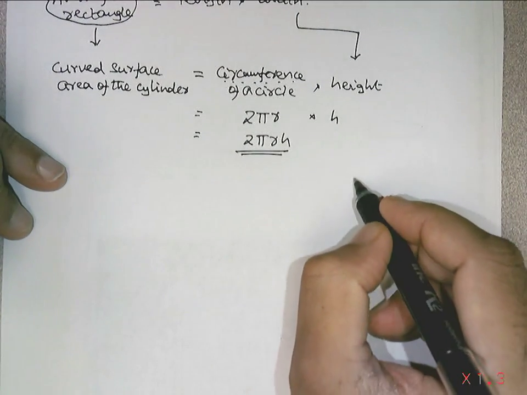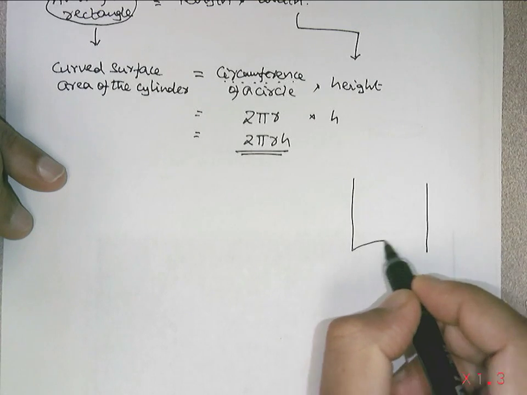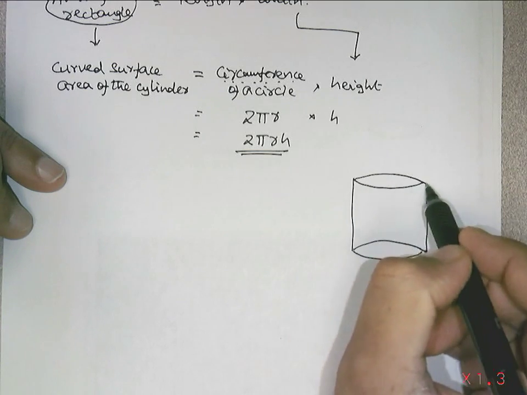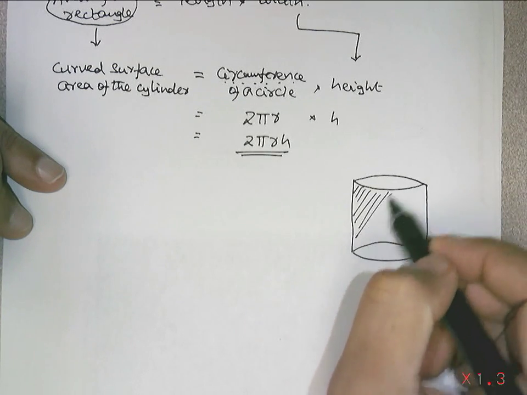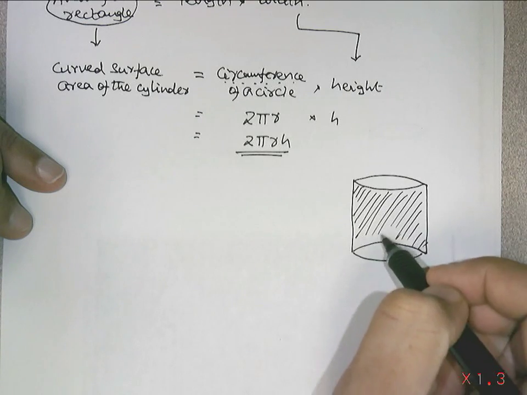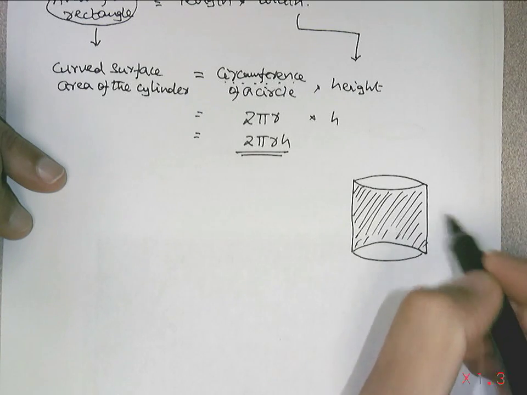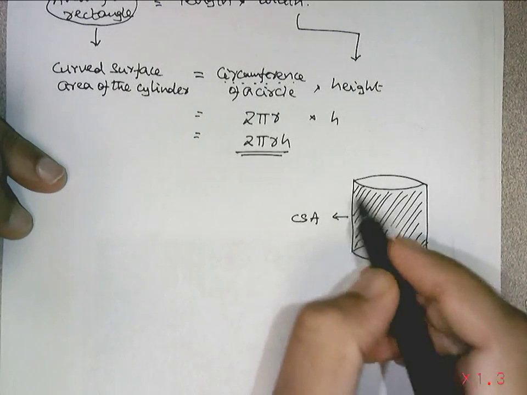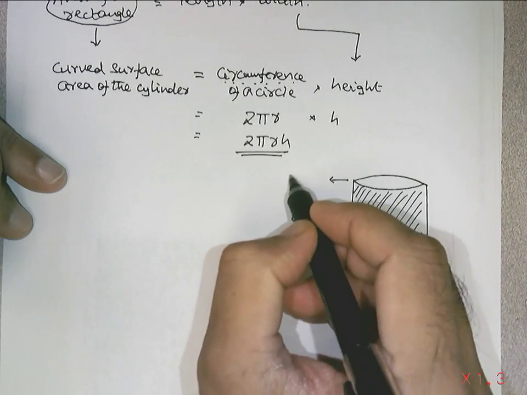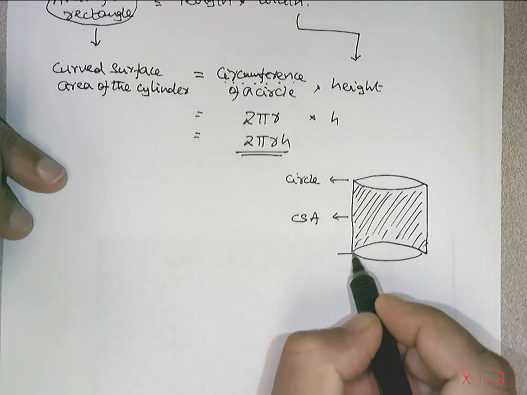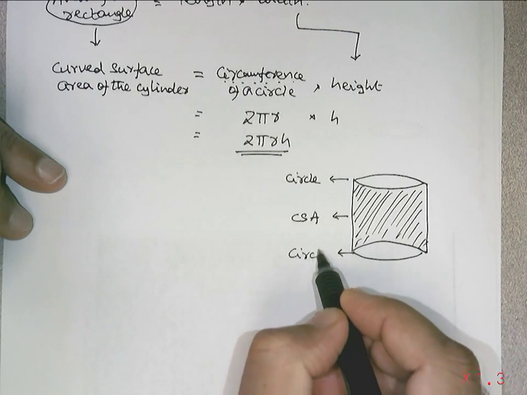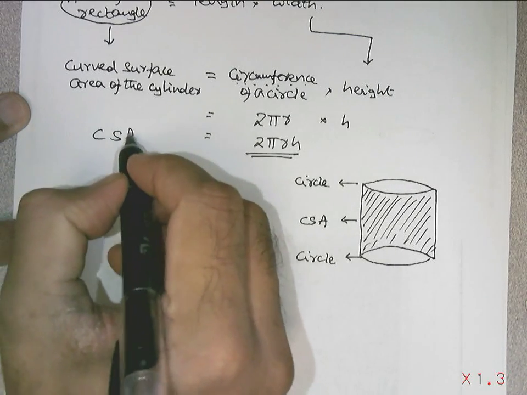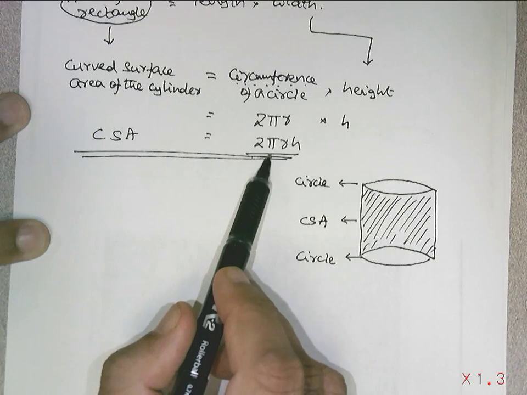Now if you are taking a cylinder, this part which we call the curved surface area is the curved surface area of a cylinder, and this is a circle, and this is another circle. So if you want curved surface area of a cylinder, the formula is 2 pi rh.